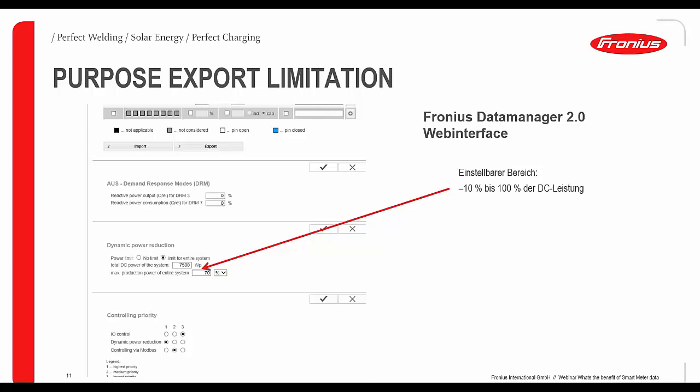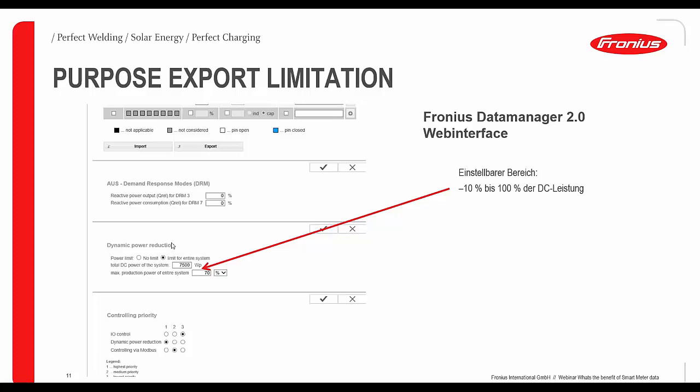If you're from a location where export limitation is required, you can go to the Data Manager 2.0 web interface, open it with the address http://datamanager, and then you will get to the web interface where you can do all the control configurations. On this slide we are showing the area where it has to be enabled.